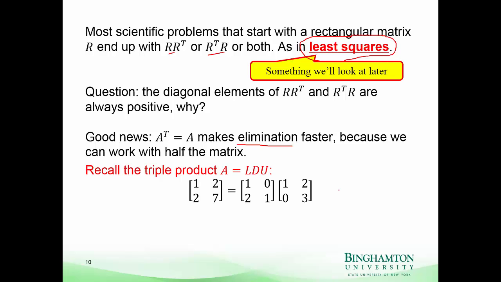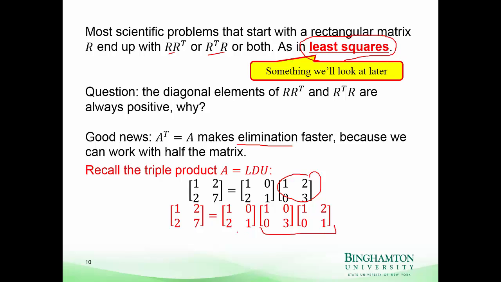Well, there's our A is equal to LU for the symmetric case. Now we expand it out into LDU. So here's one of the useful things of doing the LDU instead. We've taken this matrix and split it out into this. But notice what ends up happening.